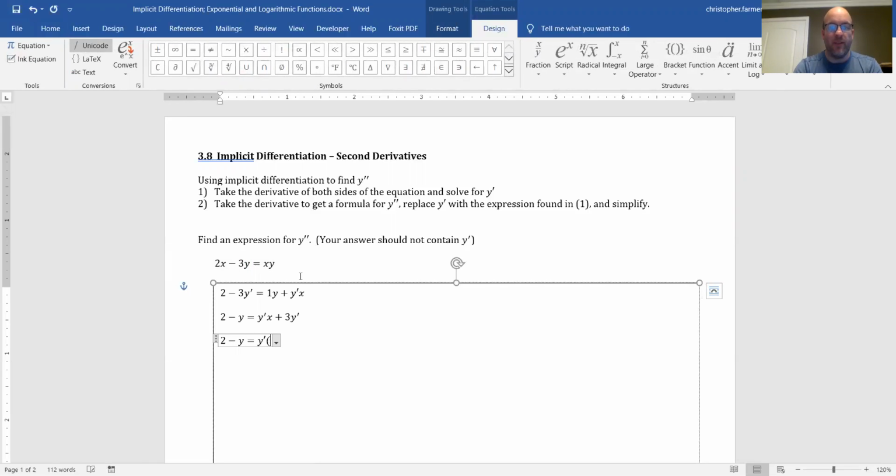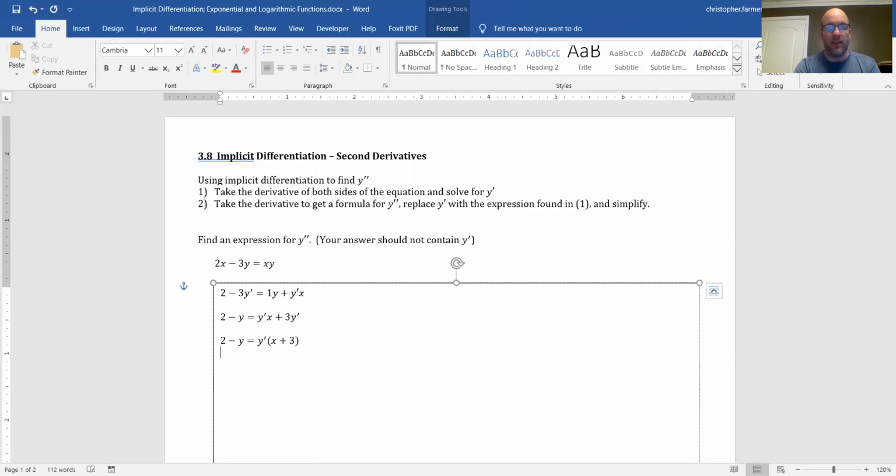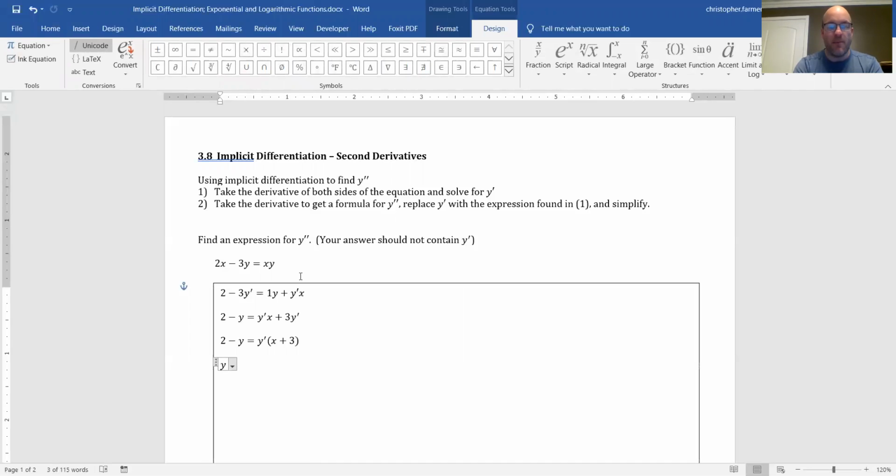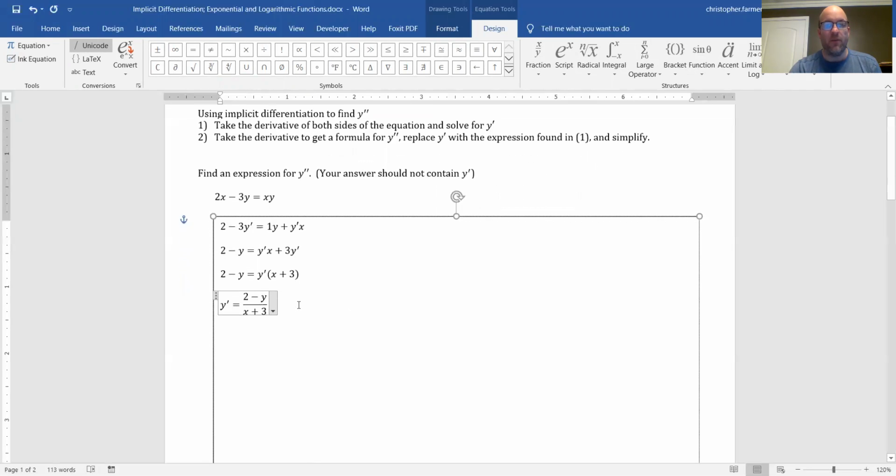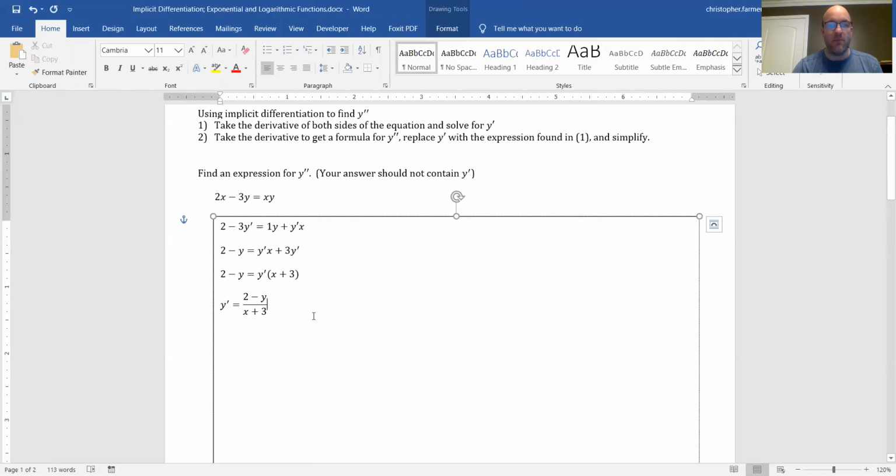As always, if you can do this algebra mentally without writing out the extra step, absolutely be my guest. But showing step by step, we factor out the y prime. Now that y prime is just here once, divide both sides by x plus 3. So we're left with the fraction 2 minus y divided by x plus 3. Okay, so that's a very quick review of the implicit differentiation that we did last time.